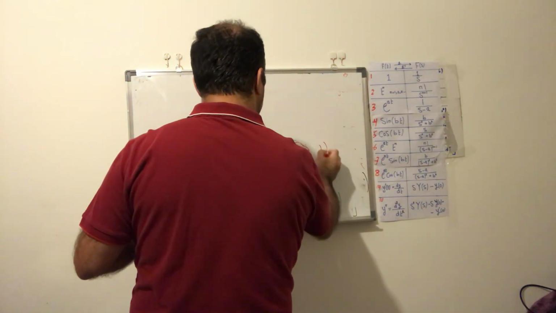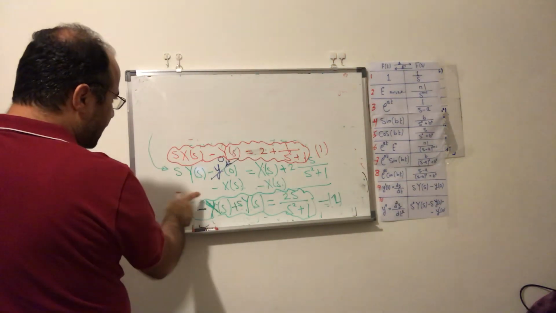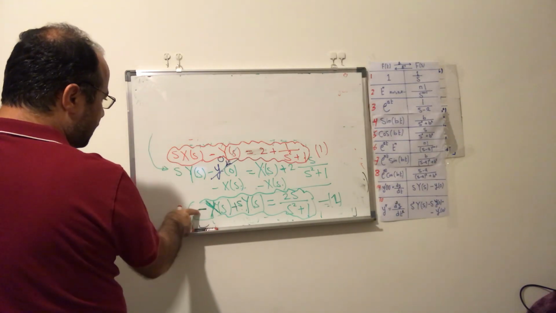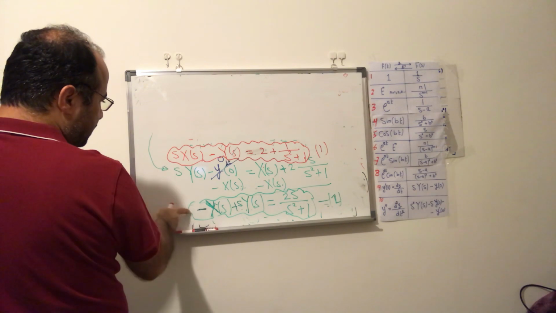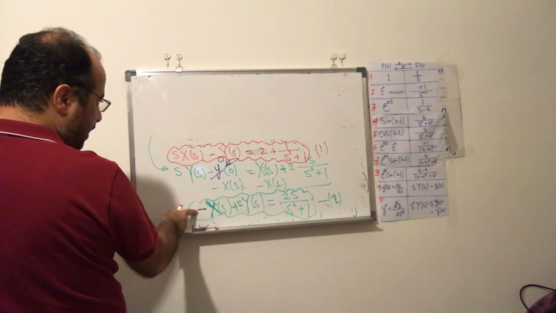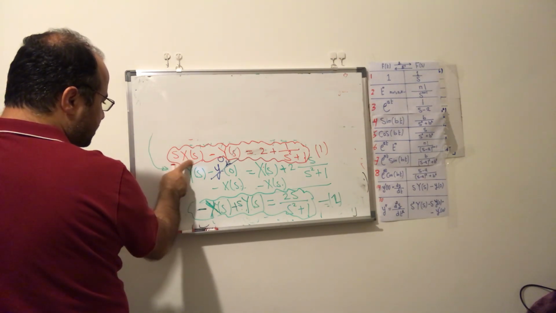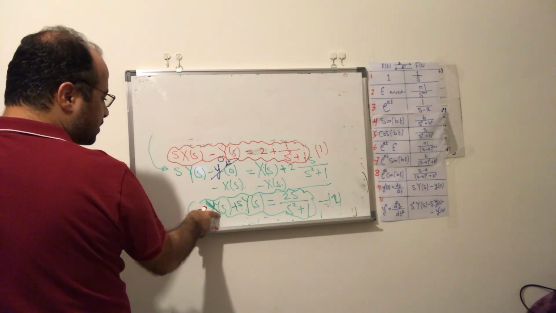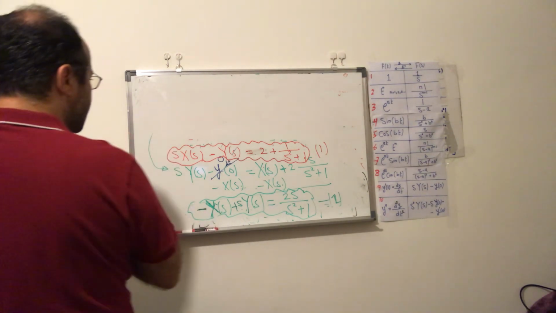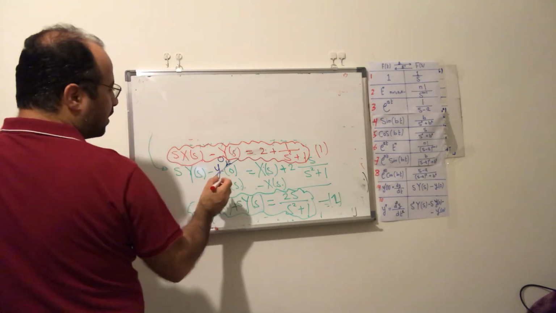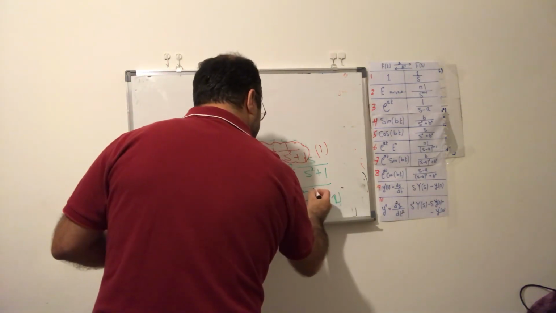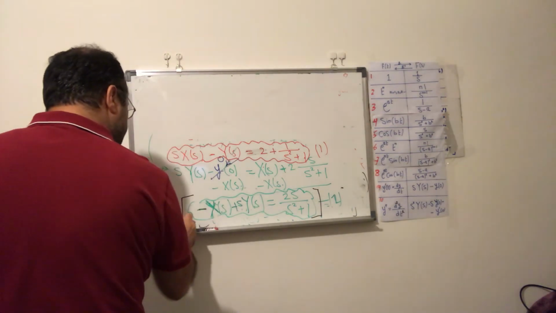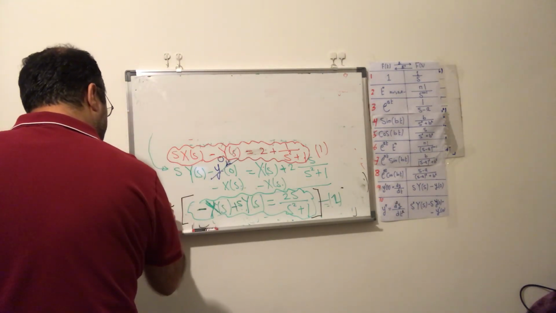Equation number 1 here. Now suppose that you want to get rid of x. Then you need to multiply the second equation with s. Then you're going to have s X(s) and minus s X(s). So let me just write this. So I'm multiplying that equation with s, yeah?